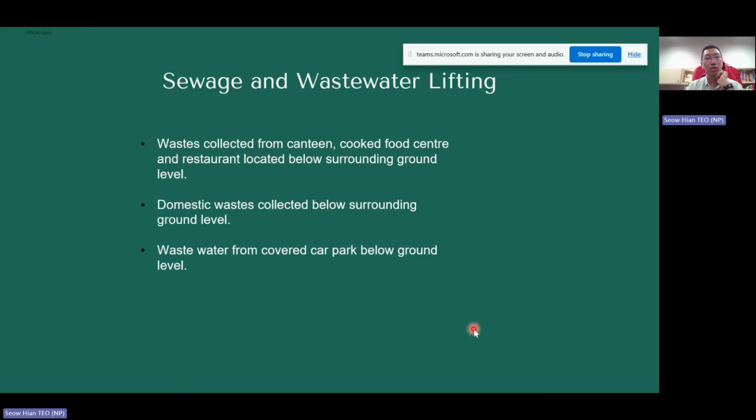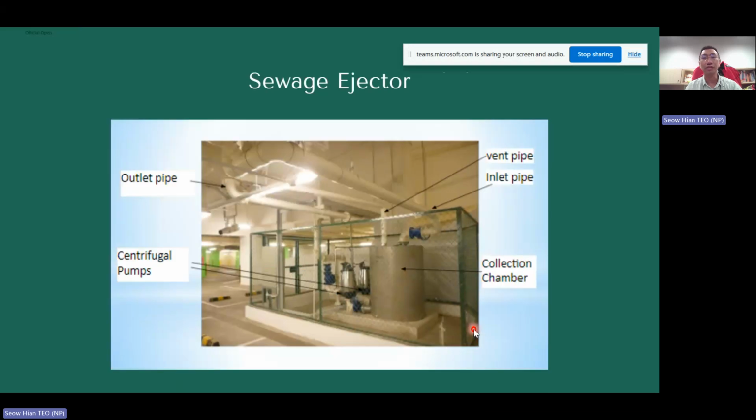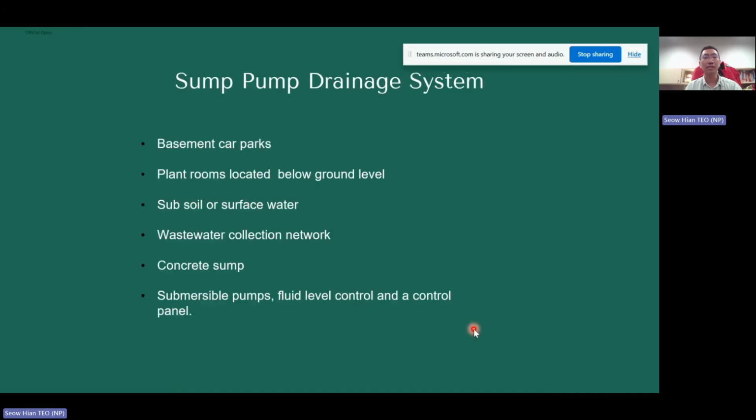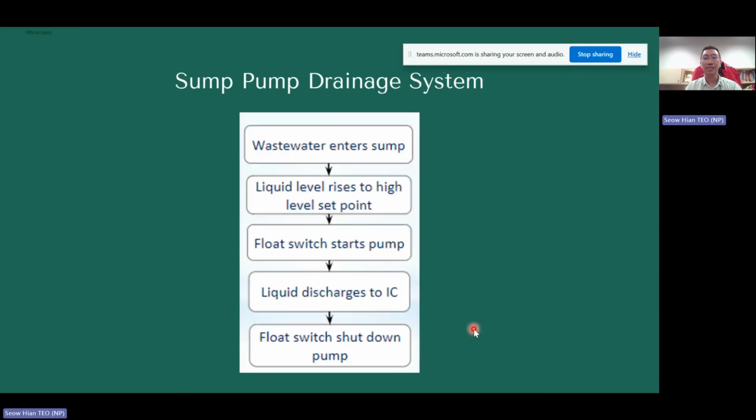Sewage and wastewater are collected, usually below ground, right? This is the ejector. An ejector is basically where you draw out the water and eject it out. This is a sewage ejector we will see in the car park of Nanyang Poly, and that's how it actually looks. Then there is also a tank with an emergency submersible pump, as you can see here.